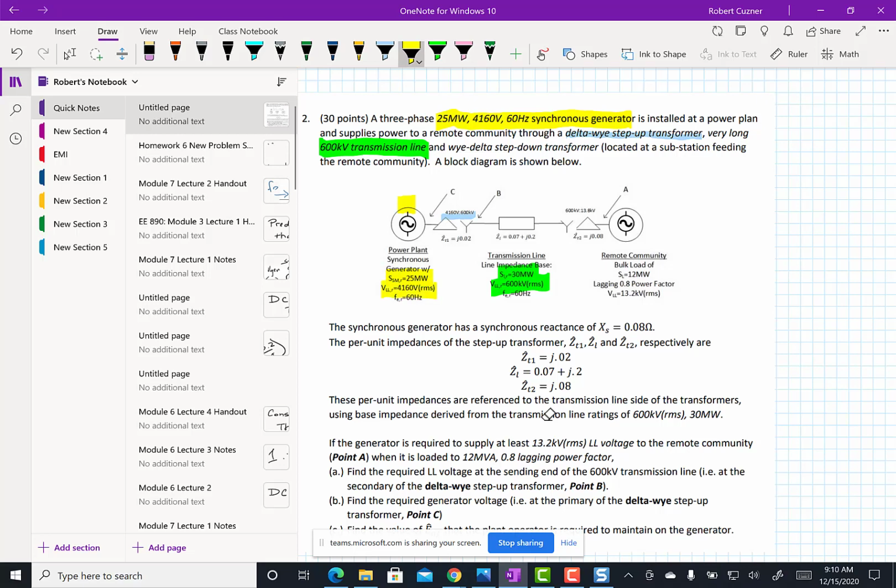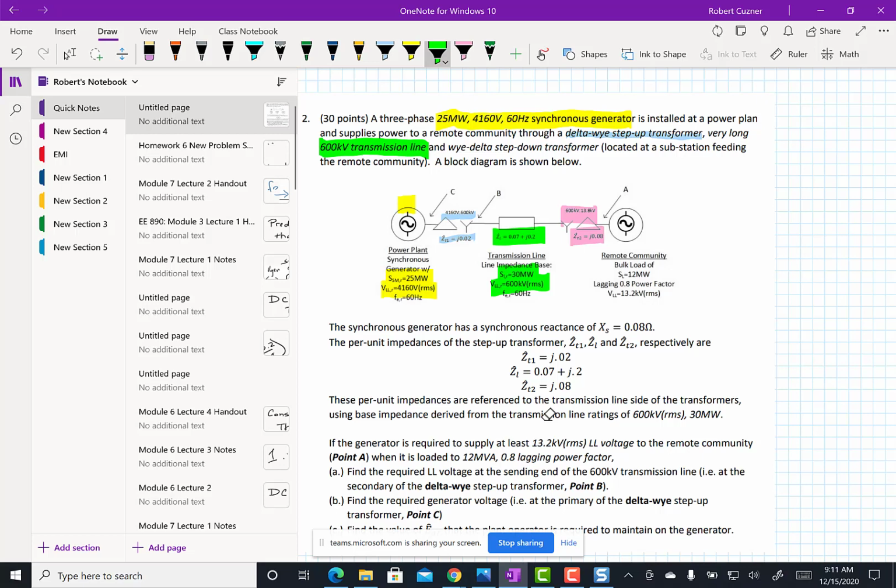I'm highlighting the ratings. And then at the other end, there's a Y delta step down, which would be the remote substation here. And then I gave a per unit impedance for that transformer, a per unit impedance for the transformer by the synchronous generator, and then there's a per unit impedance for the transmission line given.